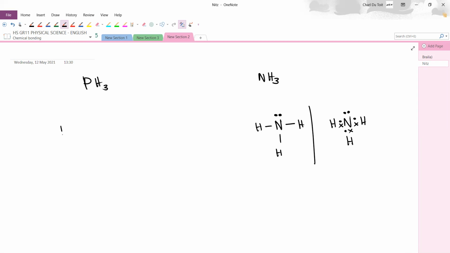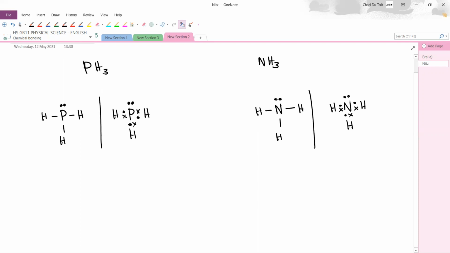And PH3 is difficult. Once you've drawn the ammonia one, PH3, they're both in the same group. The Lewis diagram would look exactly the same. Good.